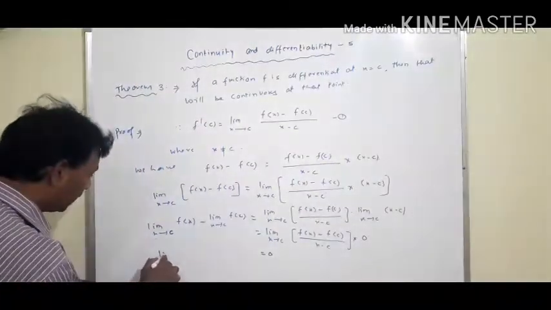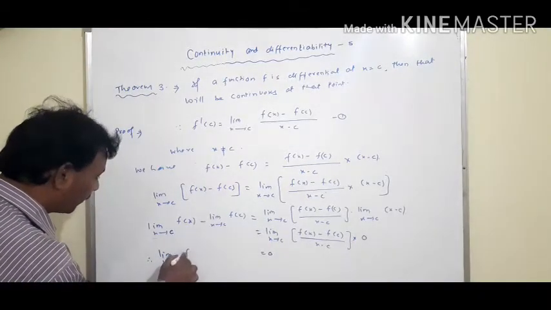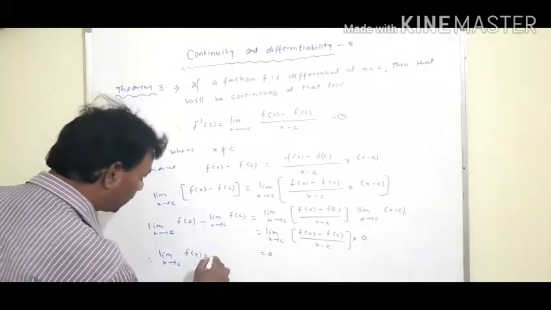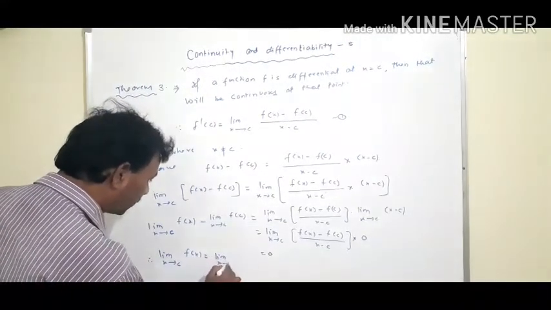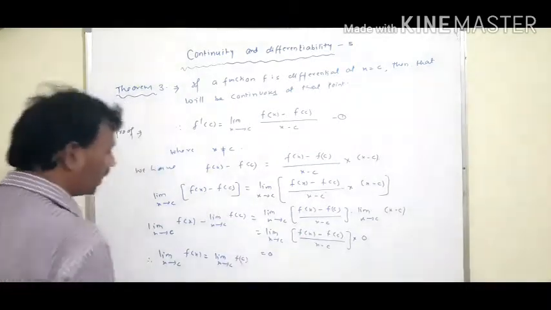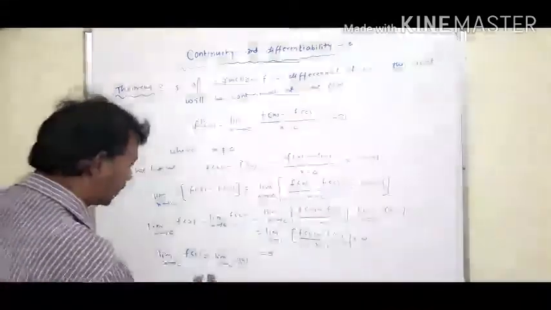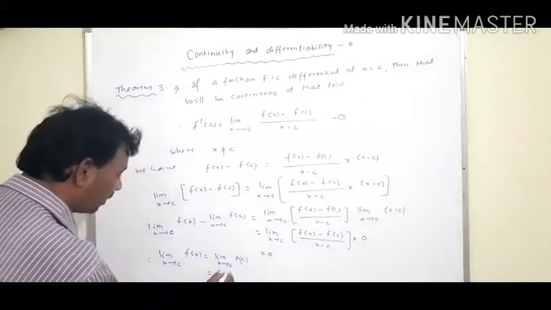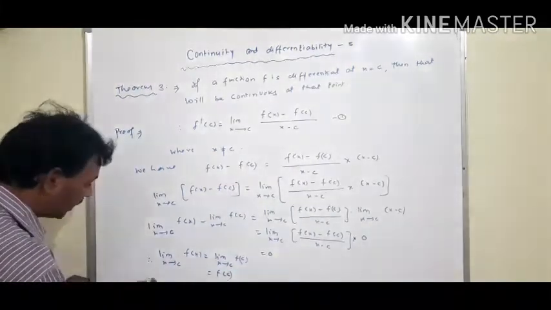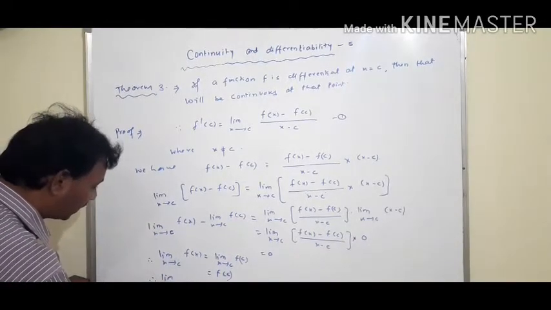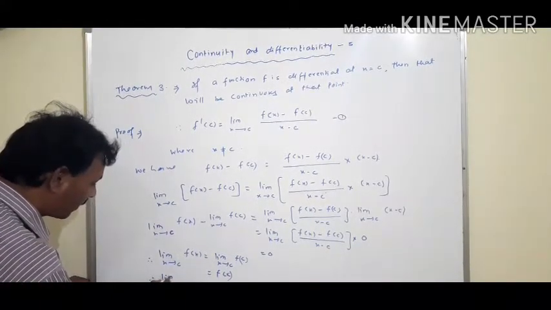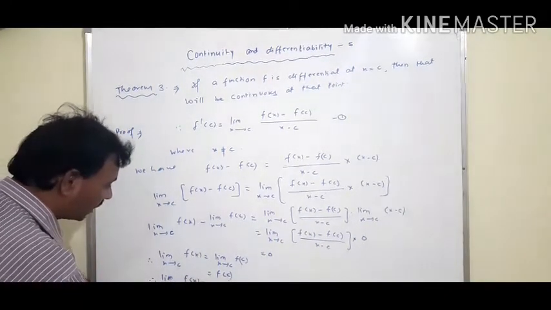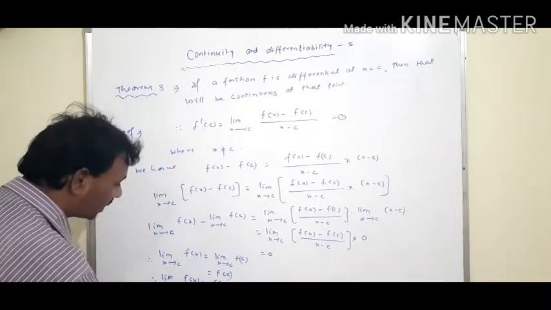Therefore, limit x tends to c of f of x equals, transferring this limit to the right side, limit x tends to c of f of c. If we apply this limit in this function, this will be f of c. So we can write limit x tends to c of f of x equals f of c.